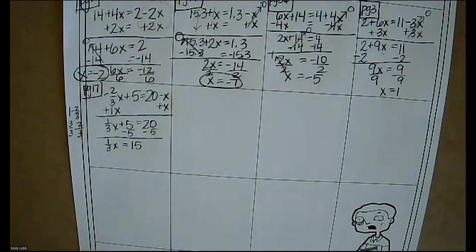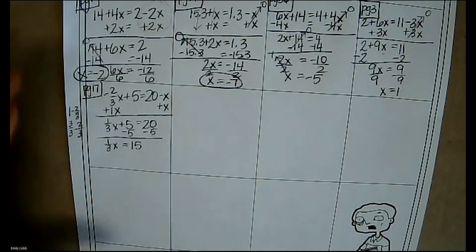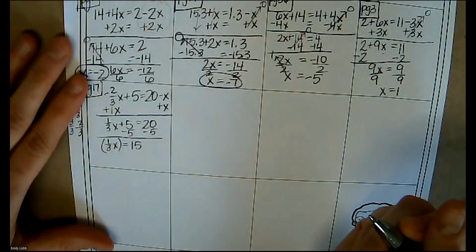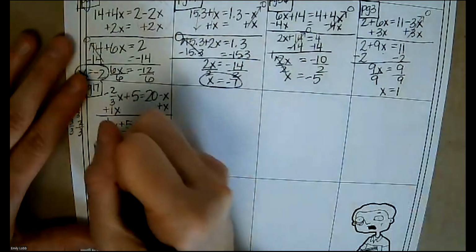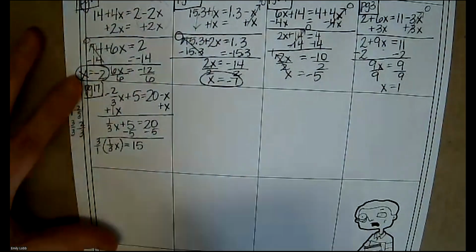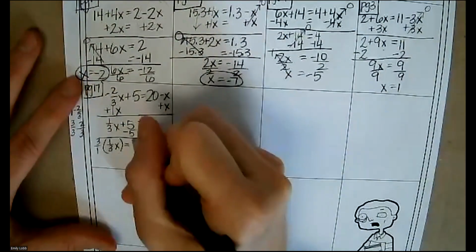How do I make 1/3 1? Multiplicative inverse. I have to multiply by its reciprocal. What's the reciprocal of 1/3? Flip it. 3/1. That's the reciprocal. 3/1 is just 3, right?